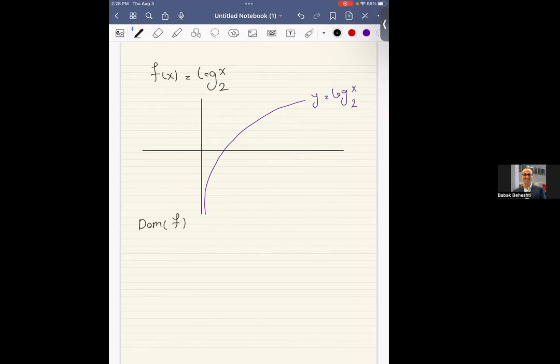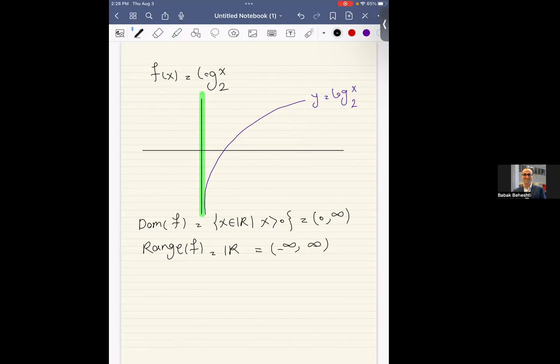The domain of f is the set of real numbers such that x is positive, or in interval notation, the interval from 0 to infinity. But the range, you see from this picture, the y values are all real numbers. So the range of f is the whole thing, from minus infinity to infinity.